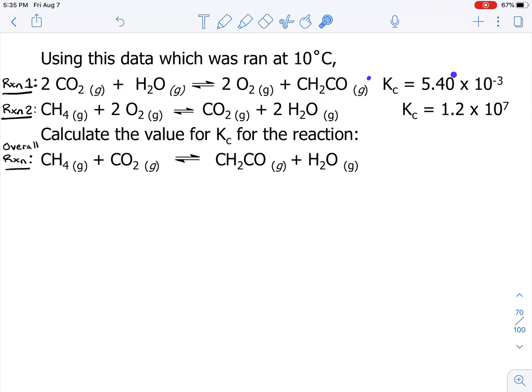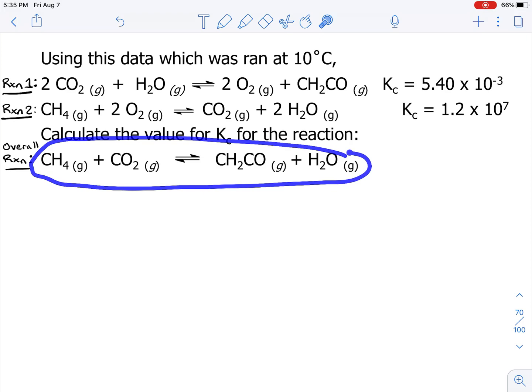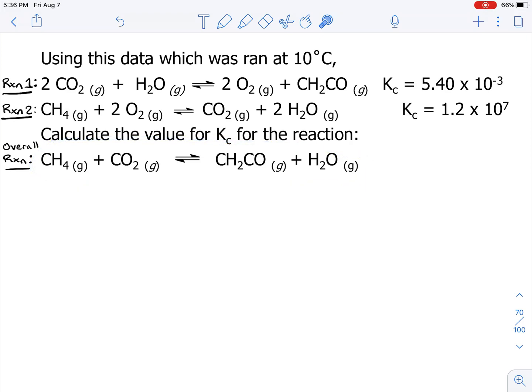The combination of these two individual chemical reactions will allow us to produce the overall chemical equation. And by taking into consideration the manipulations of the equilibrium constants, we should be able to determine the overall equilibrium constant for this overall reaction.